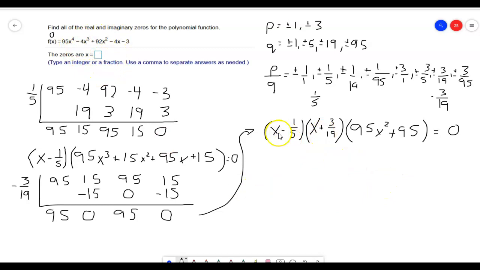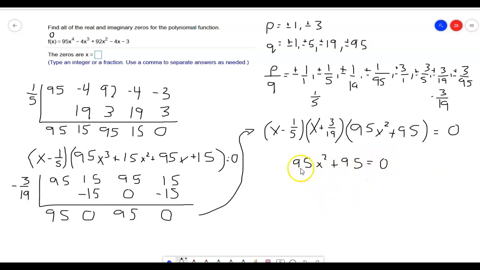So now we found 2 of the roots, and we factored those roots out. So all we're left with is this one. So let's go ahead and set that one equal to 0. Now we could use the quadratic formula at this point, or we could do a lot of things, but I'm going to go ahead and set that equal to 0.